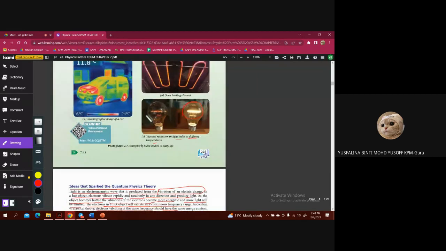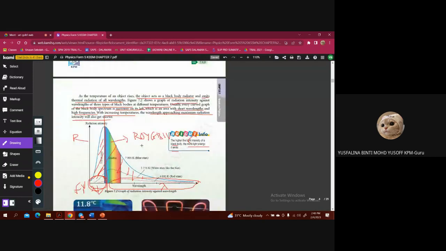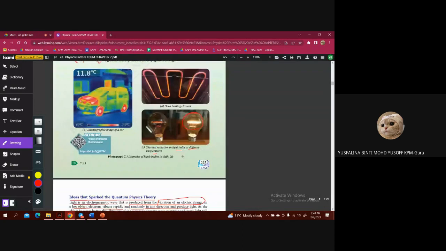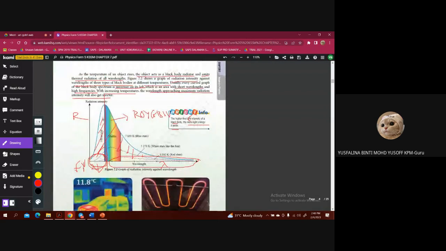By using the graph, at this part it doesn't increase continuously. It doesn't increase as the wavelength increases. No, because you can see here, it goes down like that for the black body radiation.